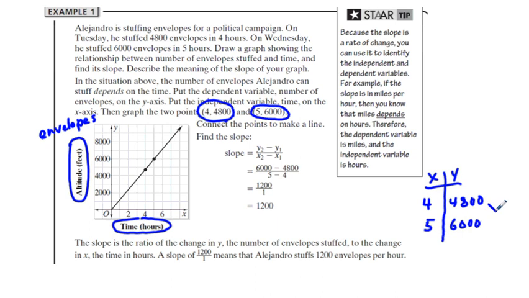And so if you subtract 6,000 minus 4,800, you'll get 1,200. And on the left side, you'll have 5 minus 4 is 1. So, yes, slope is the answer to the question: how much does this dependent quantity change when x is increased by 1?